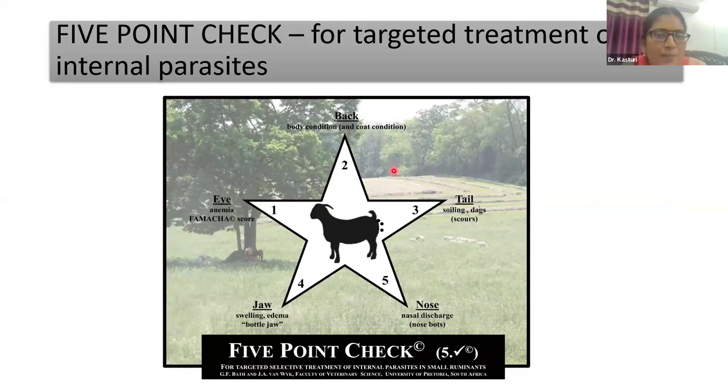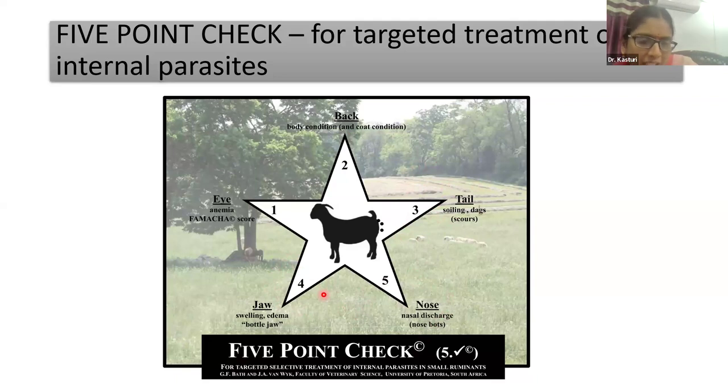The second condition is based on body condition. Next is tail, the soiling of the tail. The degree of soiling of the tail or scours in the back portion indicates the severity of the infection in case of gastrointestinal parasites. Then the presence of nasal discharges in case of nasal bot infections, and the occurrence of jaw edema or intermandibular edema in case of parasites such as Haemonchus contortus.